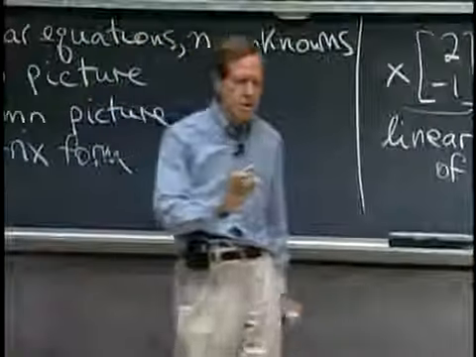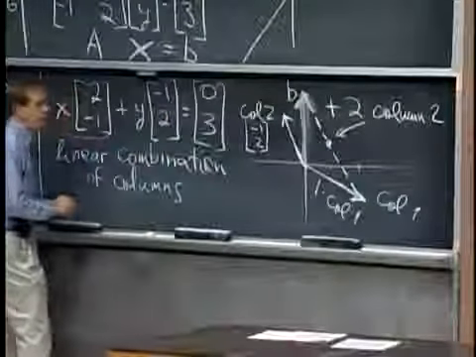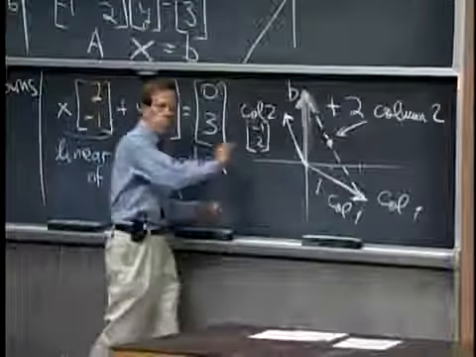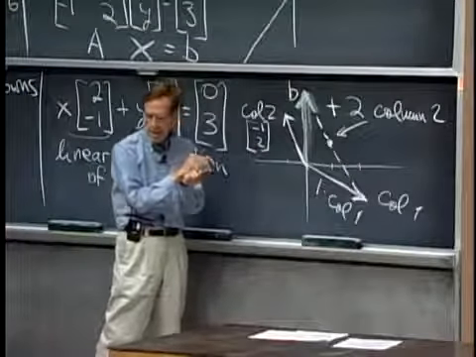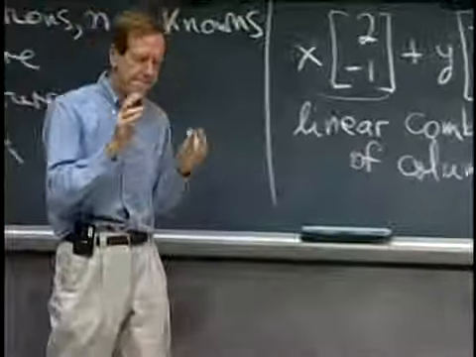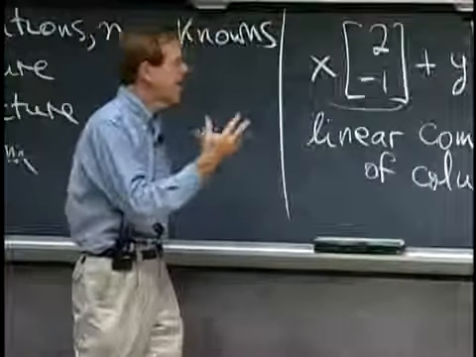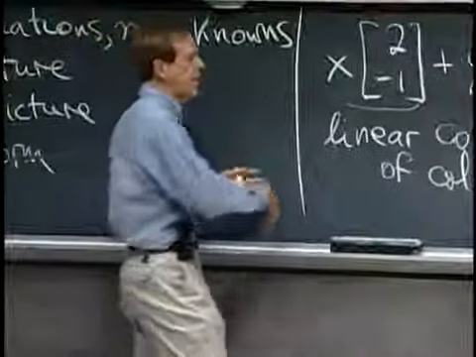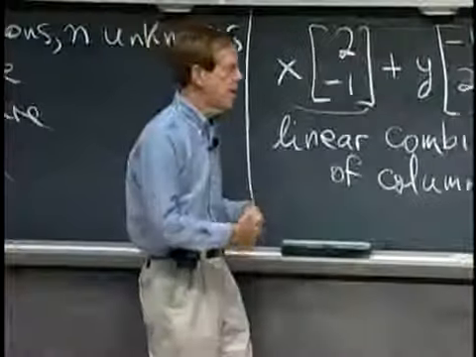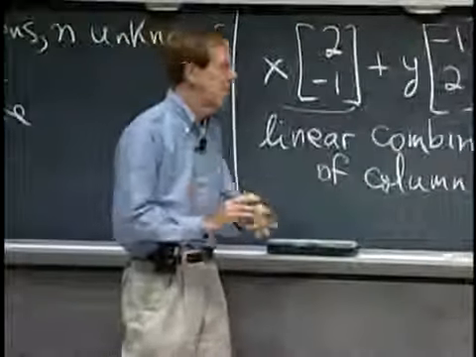And actually, the result would be that I could get any right-hand side at all. The combinations of this and this would fill the whole plane. You can tuck that away. We'll explore it further. But this idea of what linear combination gives B, and what do all the linear combinations give, what are all the possible achievable right-hand sides B, that's going to be basic.